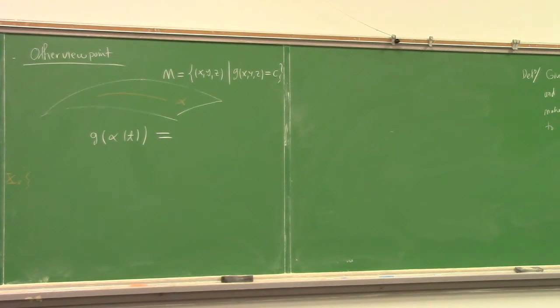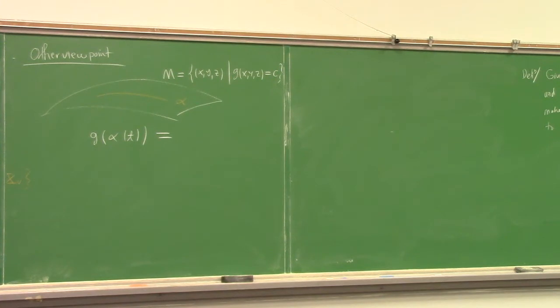Could you say that the domain is contained within the surface? Yeah, so you want the image of the curve to fall on M. And how do we judge that?